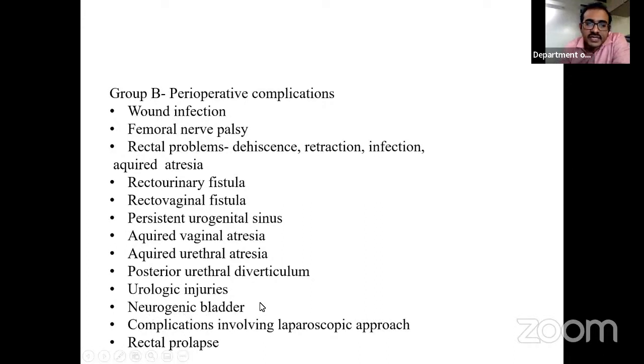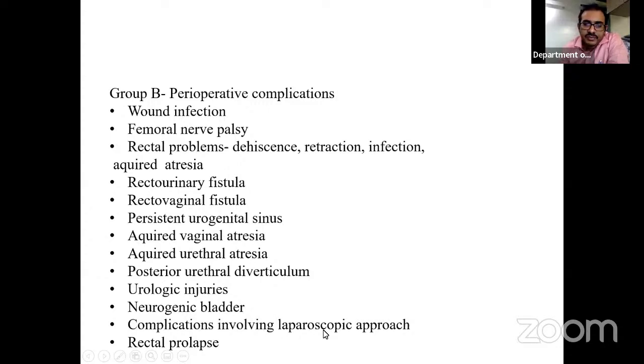Then neurogenic bladder, which can be seen post-operatively, or can be associated with the anorectal malformation. During surgery we do presacral dissection, which may injure the neurological supply of the bladder. There is a lot of dissection near the bladder neck where the plexus is situated. So many patients may have neurogenic bladder, which can be temporary or congenital and permanent.